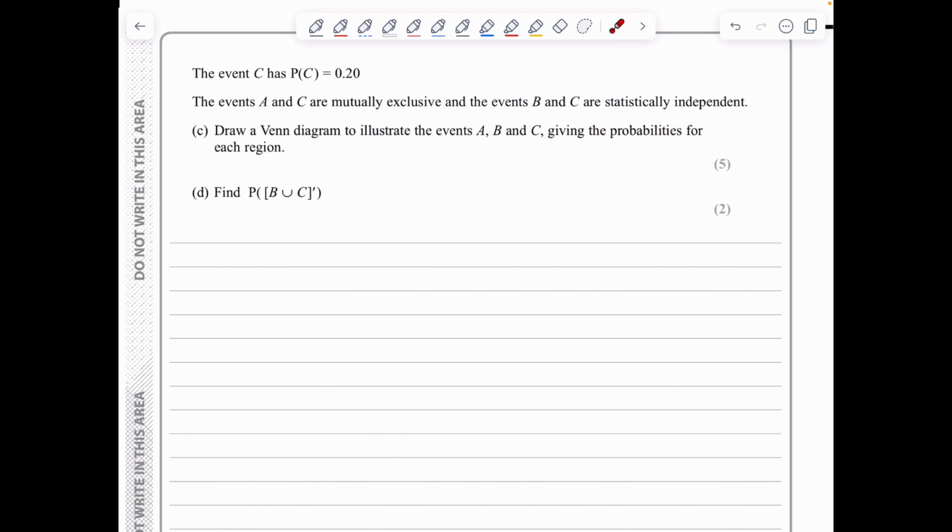So mutually exclusive means that the probability of A intersection C is 0. Statistically independent means that the probability of B intersection C is simply given by the probability of B times the probability of C, which is 0.45 times 0.2, which gives an answer of 0.09.